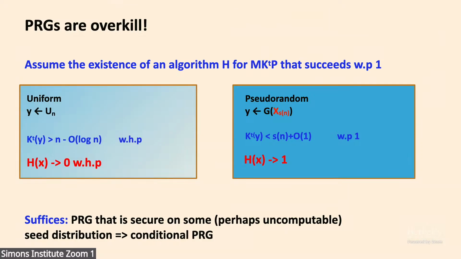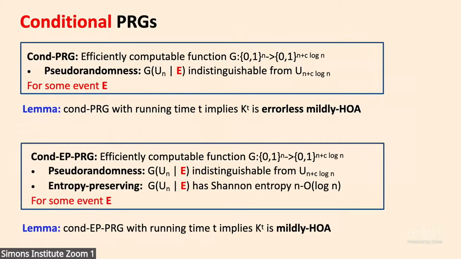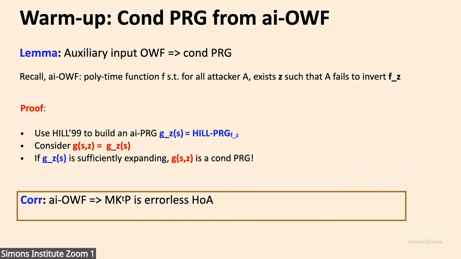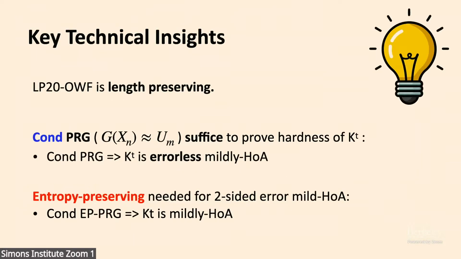If you have some particular attacker that breaks MKTP, I can now pick this conditioning after the fact also. It's not really important because you can prove that these two things are equivalent using the minimax theorem, but it's going to be easier to just remember that conditioning can be picked even as a function of the attacker. Okay, so that's what I want you to remember.